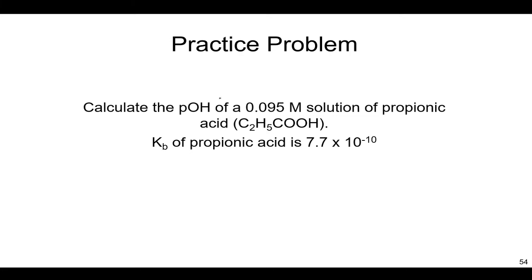We have the concentration, so 0.095 molar. This is my initial concentration. This is my Kb. I just like to write these values I'm given succinctly down somewhere. And I'm after the pOH.